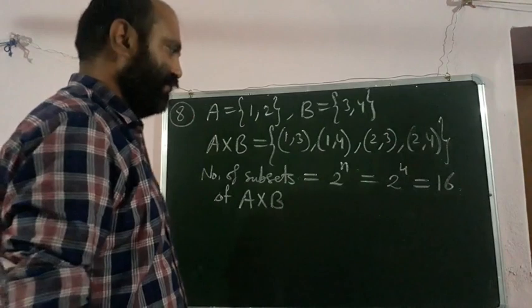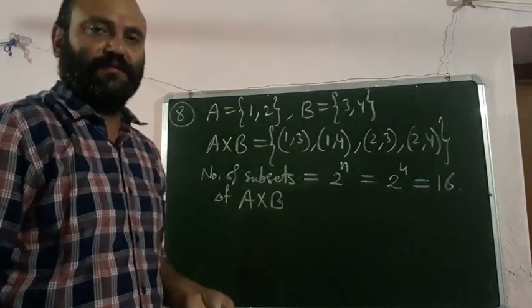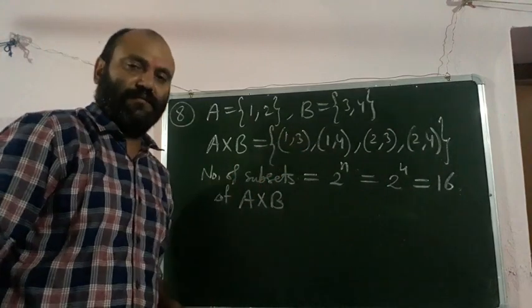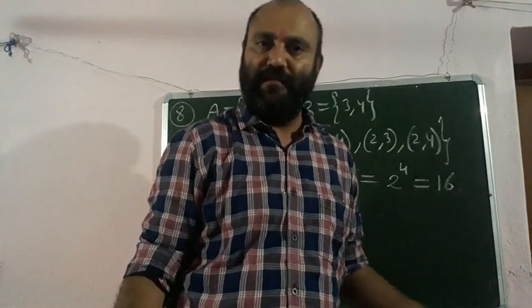Clear? If you want to find the subsets, so you can write subsets of this A cross B, right? As you have studied in first chapter.